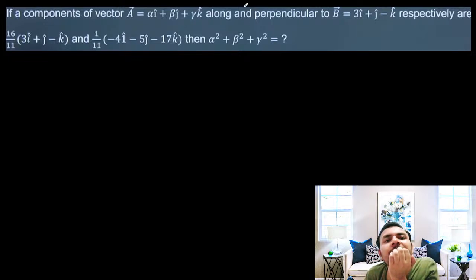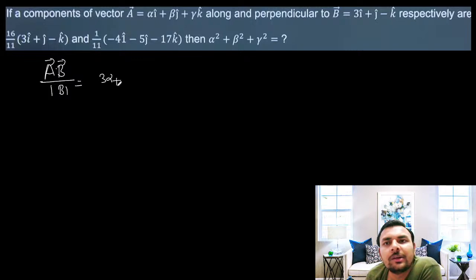We'll do unit vector and then we do dot vector. So A vector dot B vector over mod B vector. So A dot B is what? 3 alpha plus beta minus gamma upon mod B, which is root 11.